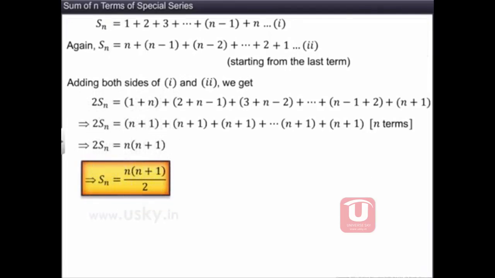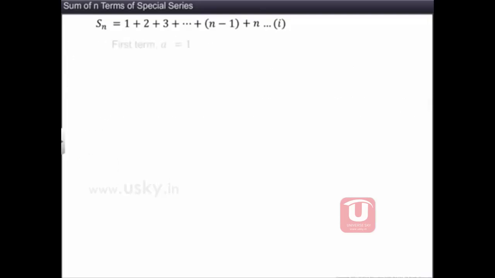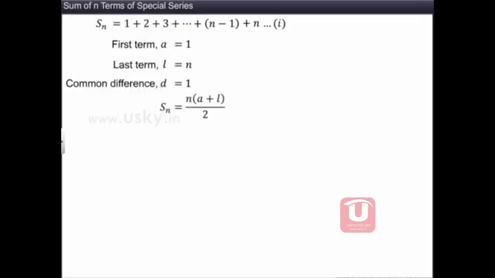Alternatively, the sum of the first n natural numbers can be found by using the formula for the sum of an AP. This series is an AP with the first term 1, last term n, and common difference 1. The sum of n terms is given by n into (a plus l) whole divided by 2, or n into (n plus 1) whole divided by 2.